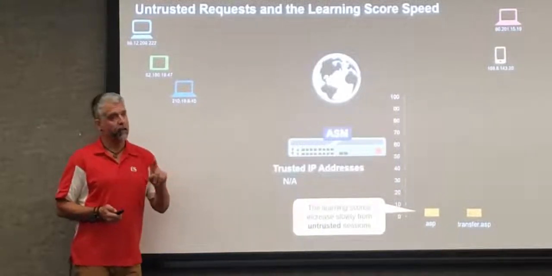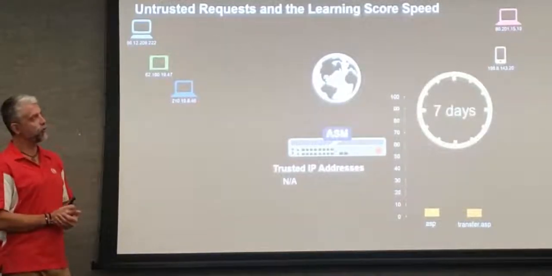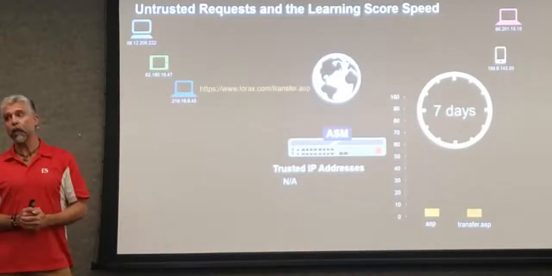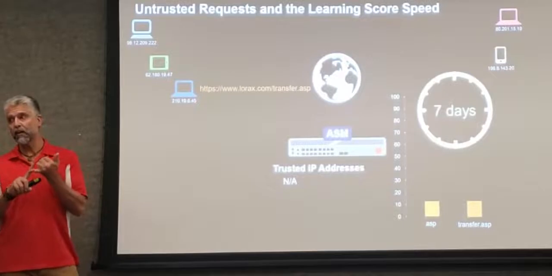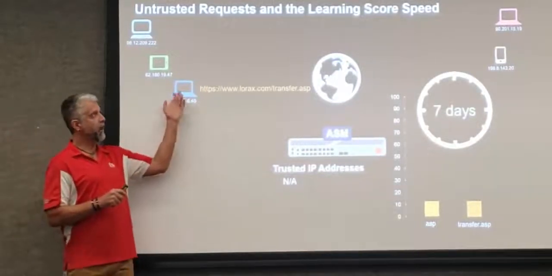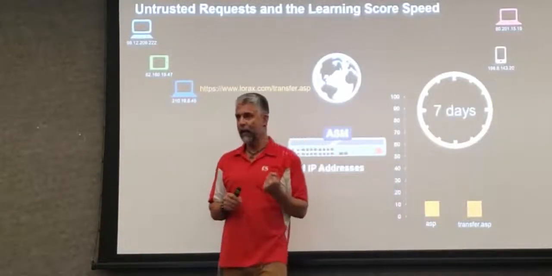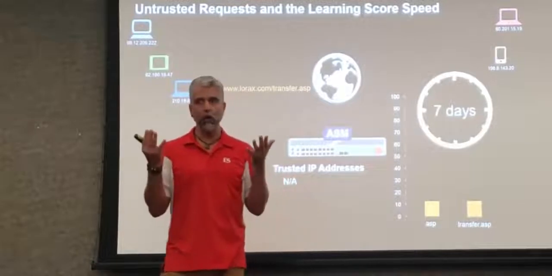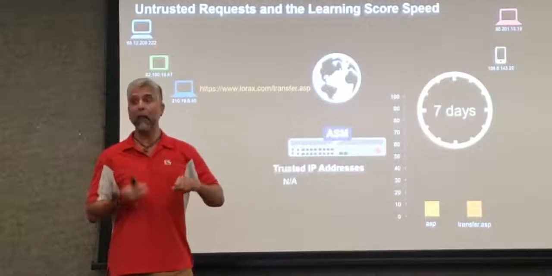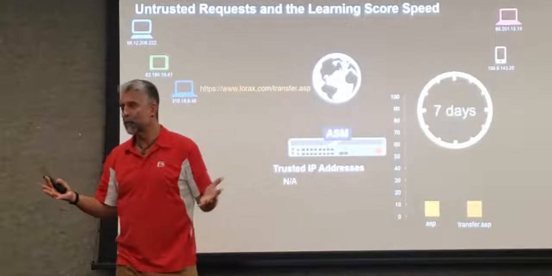In addition, all of these users need to wait before requests from their workstations for that same file type and that same URL are going to affect the learning score again. This is why I'm saying that when I see a high learning score, that means those 2 entries were accessed by lots of different users with lots of different computers.